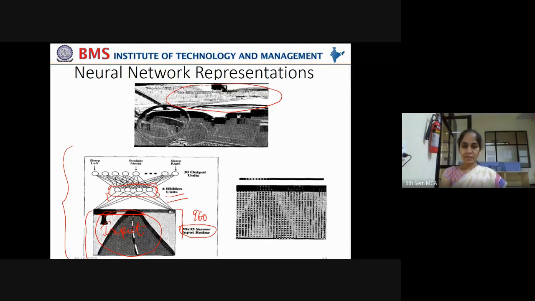Now this further processes the input data, the 960 pixel data. Remember, this is not only 960 pixels of data. Every second it gets 960 pixels of data, and it processes it quickly and gives as output 30 units.